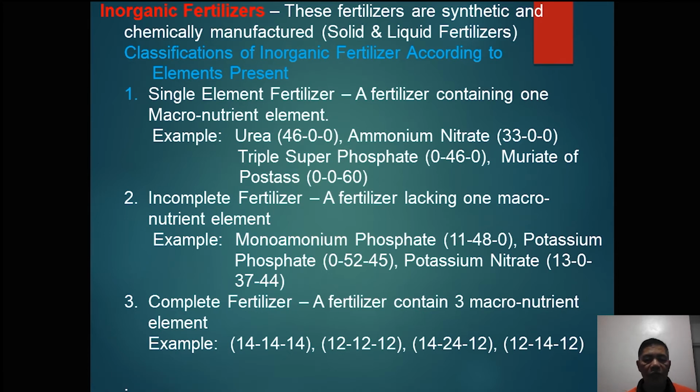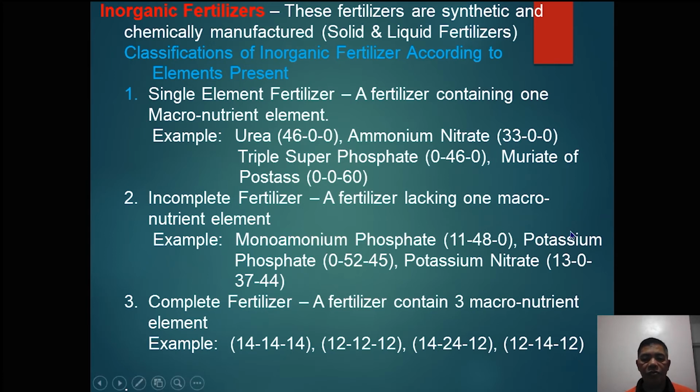Okay, the second one is incomplete fertilizer. Incomplete fertilizer is a fertilizer lacking one macronutrient element. Examples of this category are monoammonium phosphate, which constitutes 11% nitrogen, 48% phosphorus, and 0% potassium.